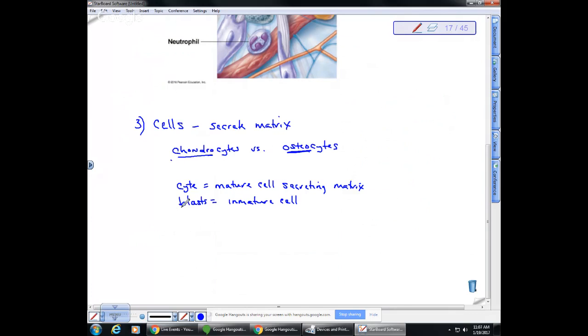And then we could also have clasts, so we could have osteoclasts, for example. We'll say the mature cell maintains the matrix, the immature cell builds matrix, and the clasts are cells that break down the matrix.